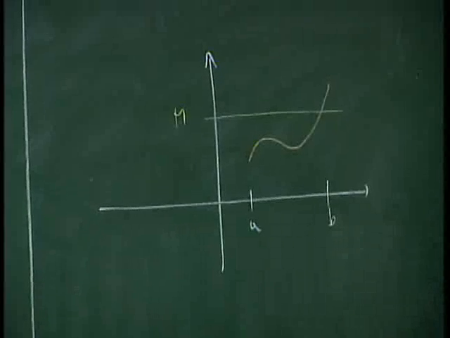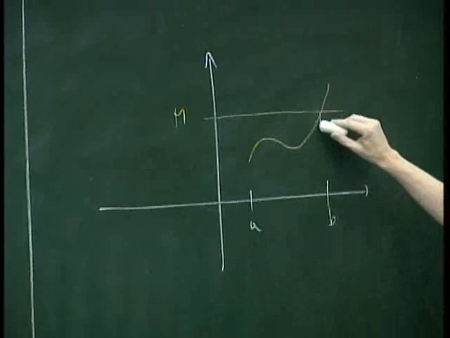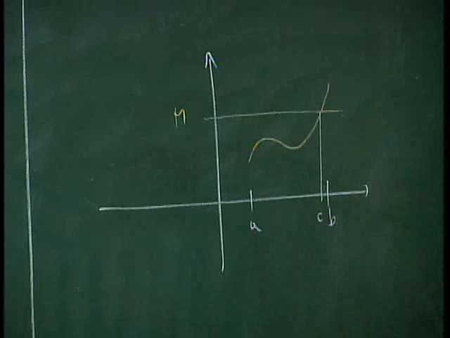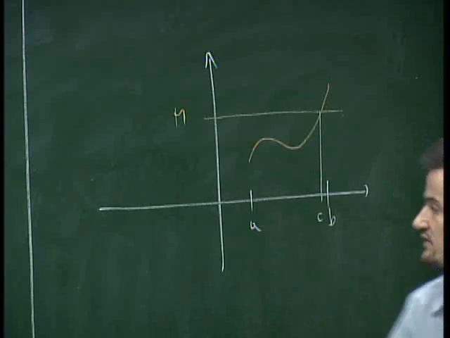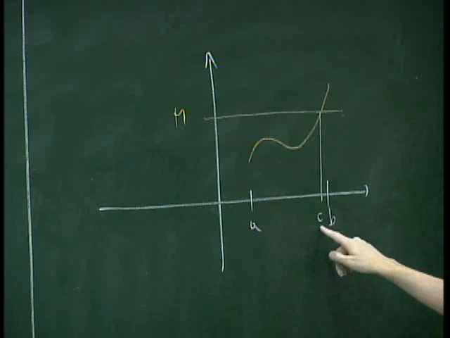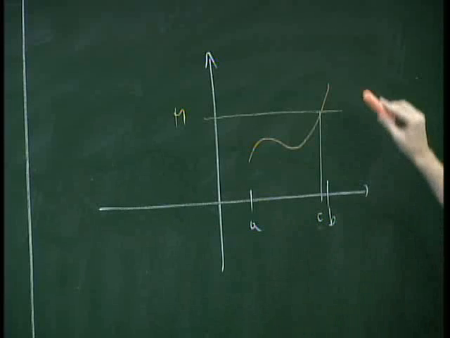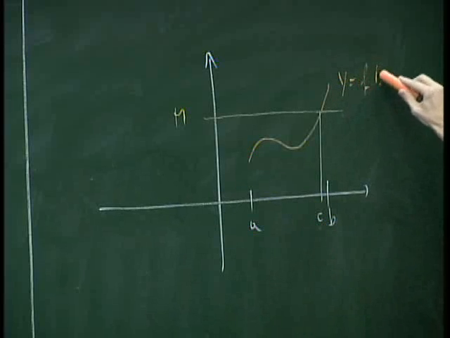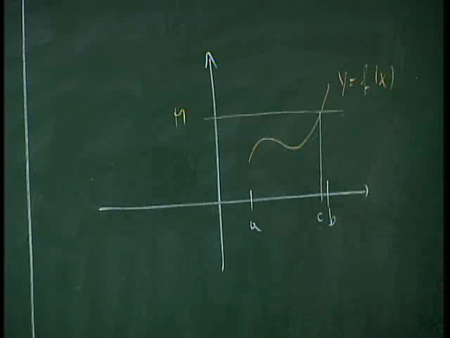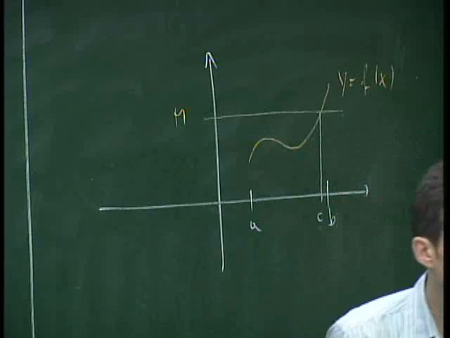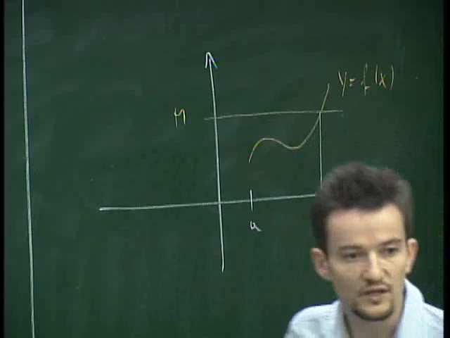Now, what the result claims is that there is a corresponding c, and actually you can see it here, this c here, such that f(c), the function value of c, is just equal to m, is mapped onto m. Now, this is something which you expect from a continuous function.